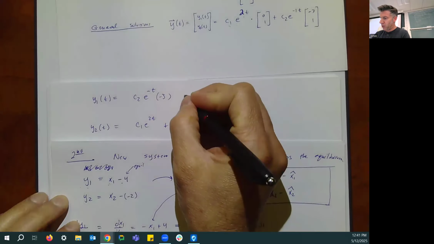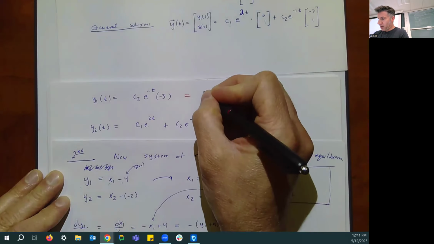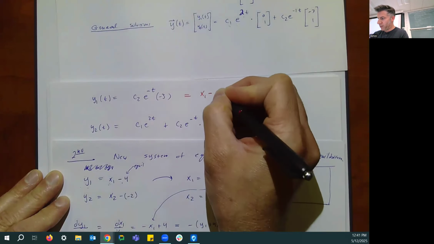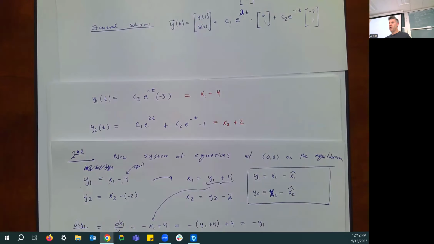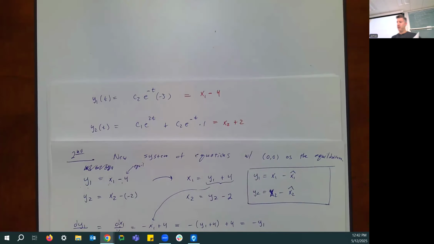This is equal to x1 minus 4, and this is equal to x2 plus 2. Well, then it's not too hard to take that and isolate x1 and x2. It's just going to be adding the 4 over and subtracting the 2 over.